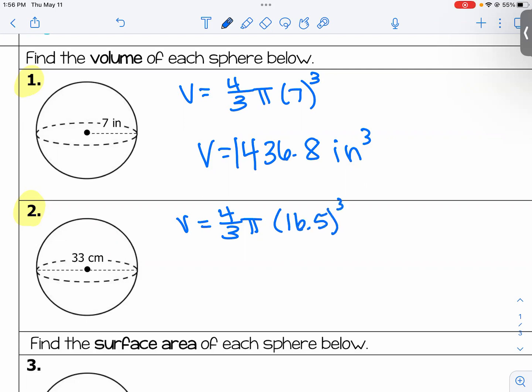Okay, so 4/3 pi r cubed would produce us the answer of 4,492.1. No, that's just 16.5 cubed. It's not a cube.